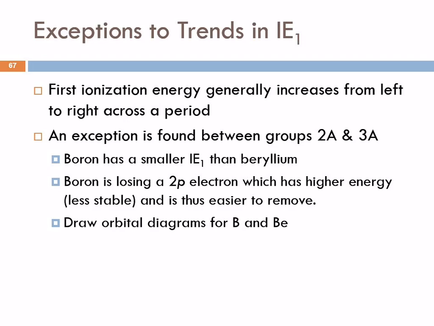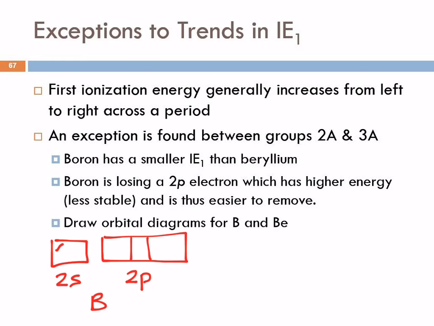And it says draw orbital diagrams. That's a reminder to myself of what I'm supposed to do in that blank spot. Well, boron. Boron has, we'll just look at the valence shell, 2s2, 2p1. So here's 2s, and here's 2p, and this is for boron. We got 2 electrons here and 1 electron there.